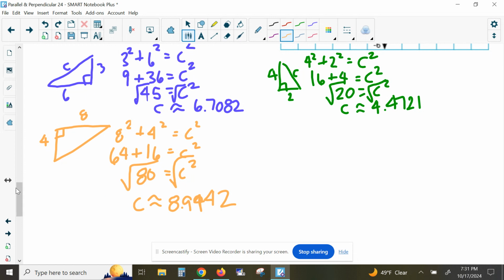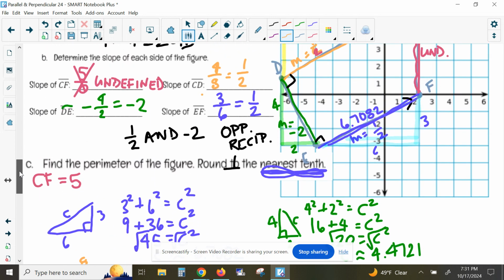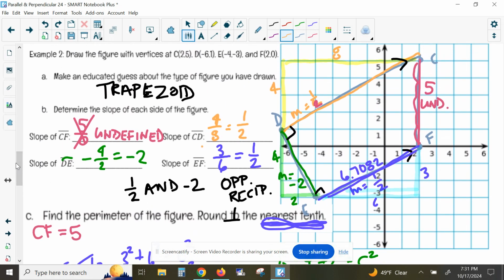Okay, now do I have all 4 lengths? I'm going to put them in my picture. This side was about 8.9442. I've got my blue one down here. I've got my red one, or my pink one, which was 5. I need my green one. What was my green side?